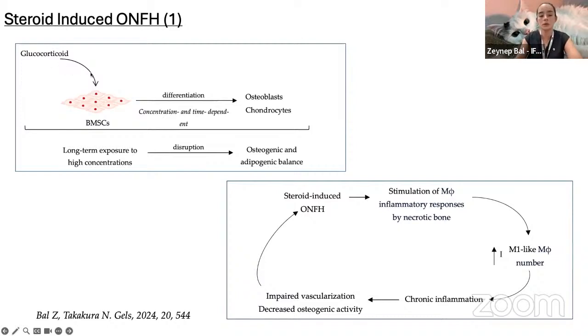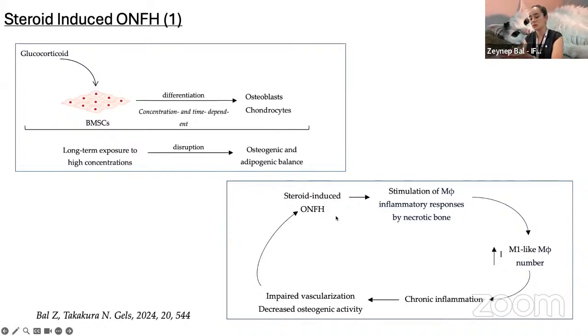Normally, when you apply glucocorticoids on bone marrow mesenchymal stem cells, they differentiate into osteoblasts and chondrocytes. But if you apply glucocorticoids long term in high concentrations, this will disrupt the osteogenic and adipogenic balance. This takes us to the case I explained a minute ago: steroid-induced osteonecrosis and stimulation of macrophages.